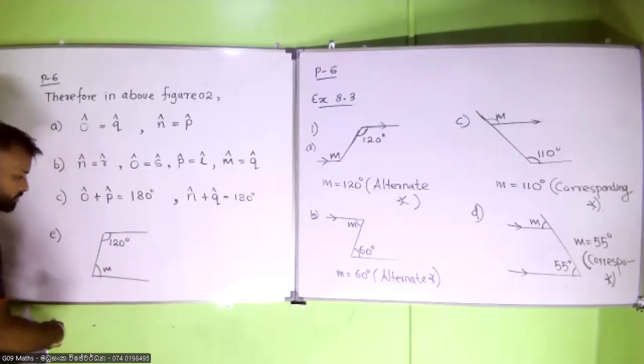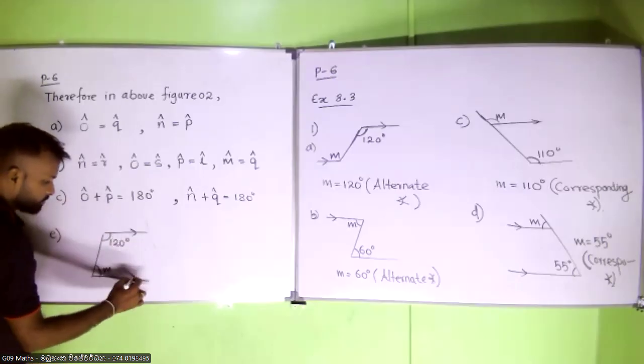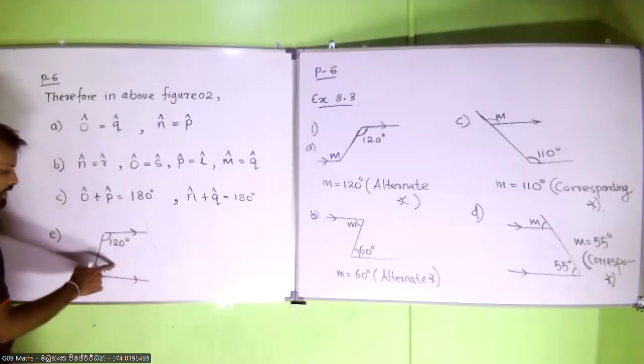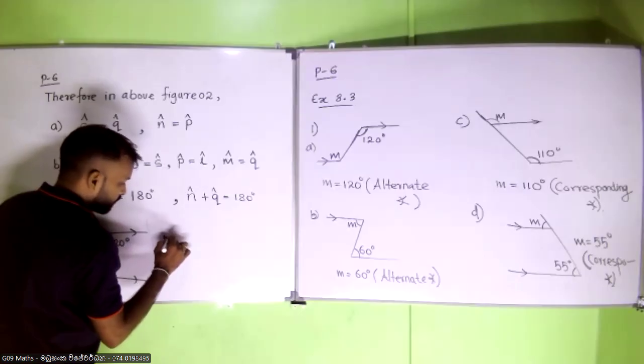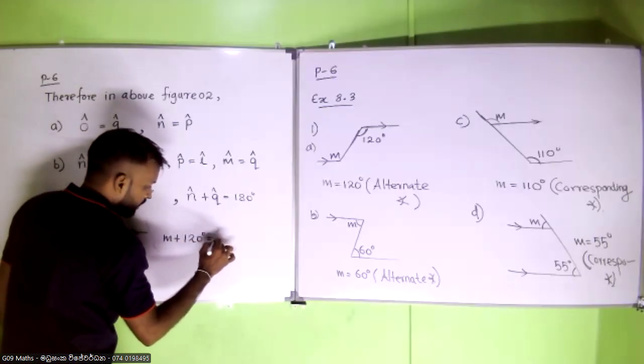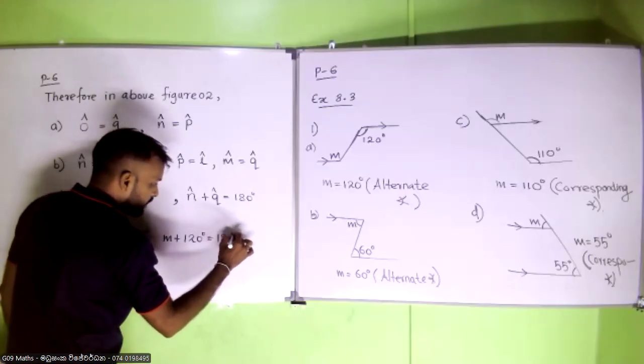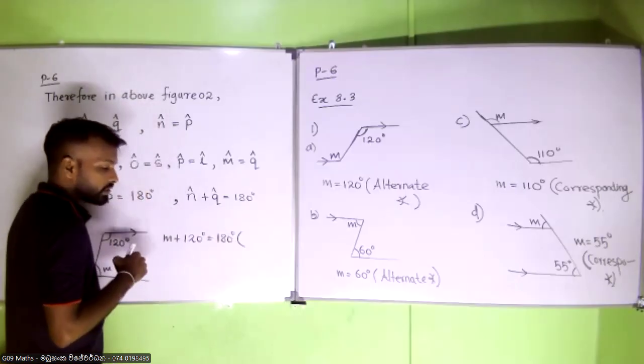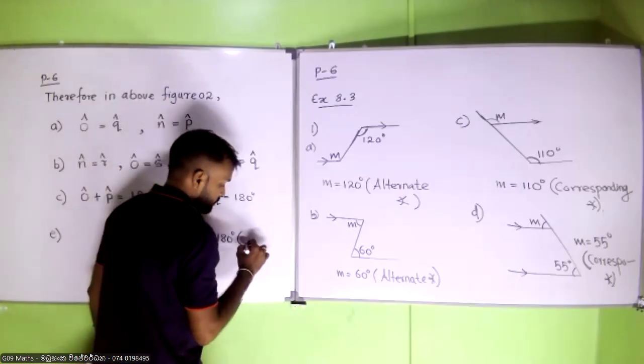C type, these two lines are parallel. So you can write M plus 120 degrees equals 180 degrees. The reason: allied angles.